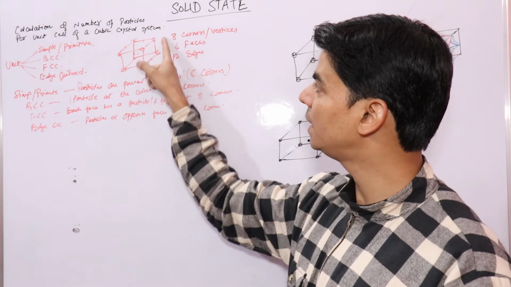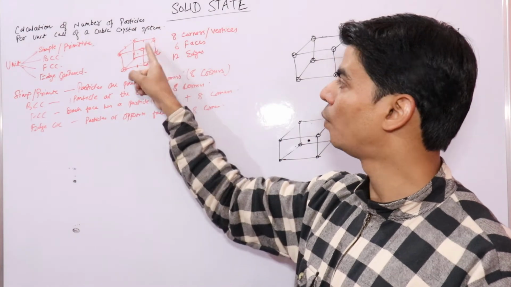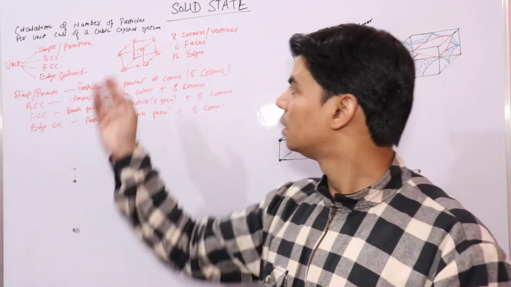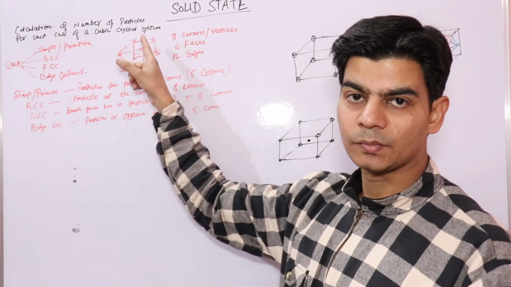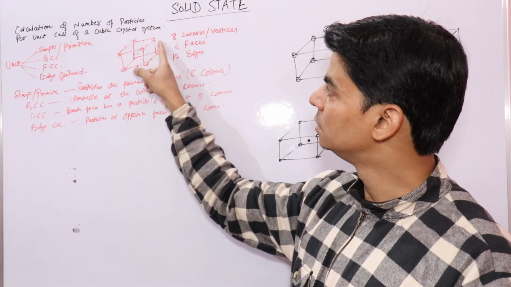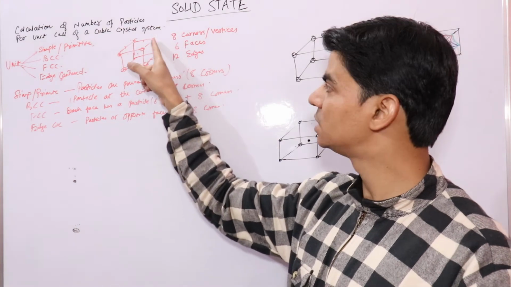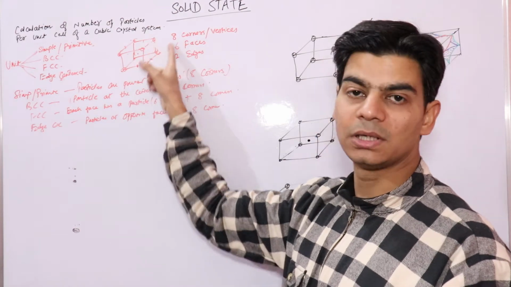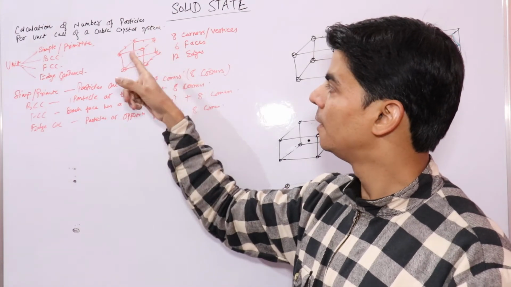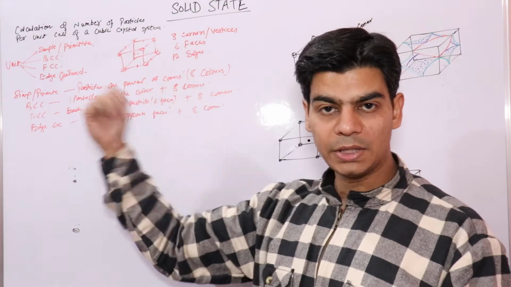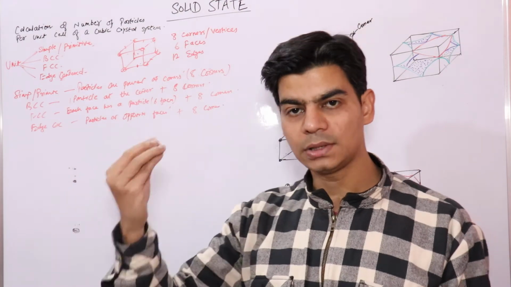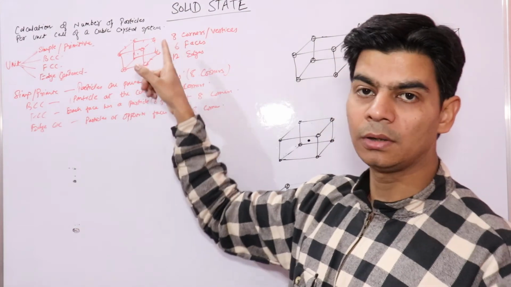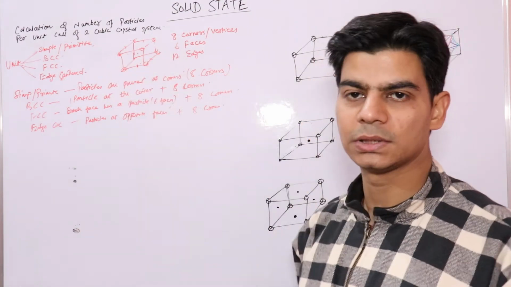Once you know how many unit cells are touching one corner, you would be able to find out how many unit cells would be sharing this corner or the atom present at this corner. Once you know that, you will find out how much that atom present at the corner would belong to this particular unit cell.